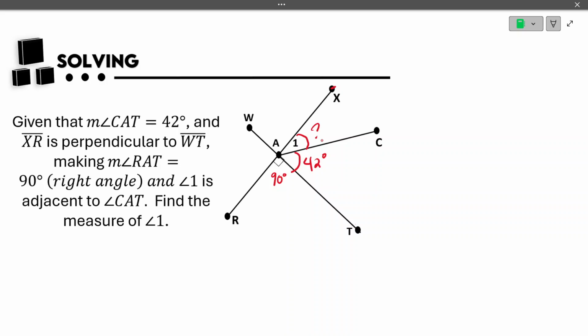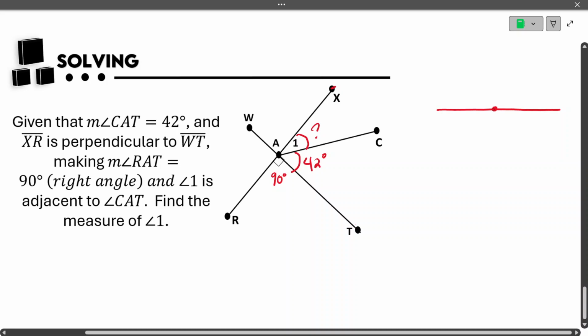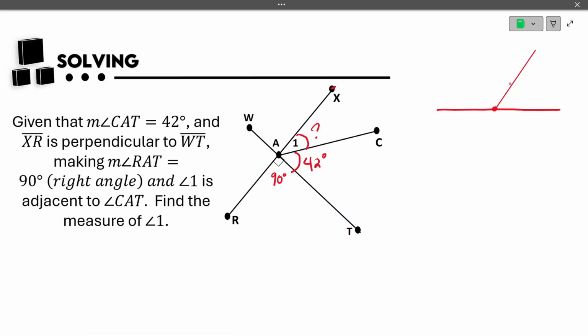Now, let's think about this problem logically. Because we have a line here that is XR. So if we have a line like this, we can assume that if we draw a vertex over here and we draw another angle from this line, like this, these two angles are said to be angle pairs.